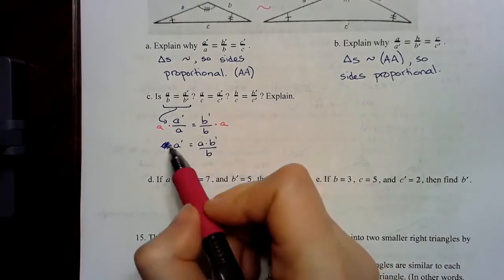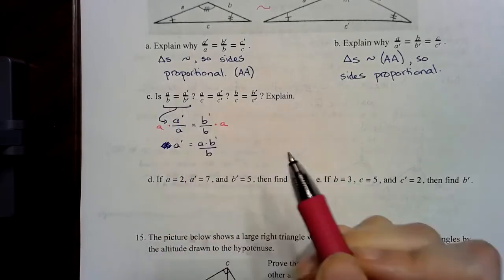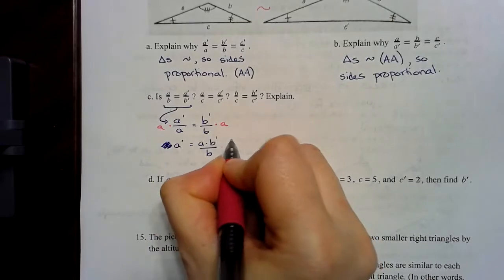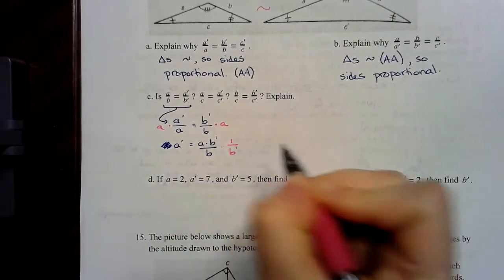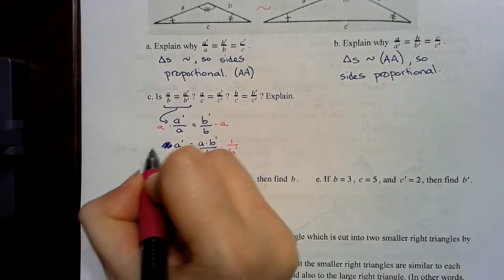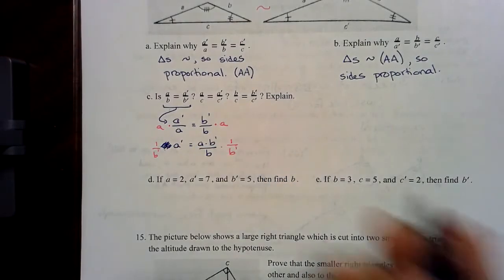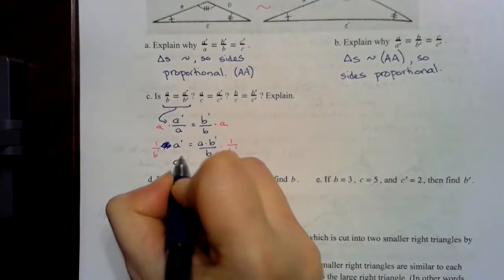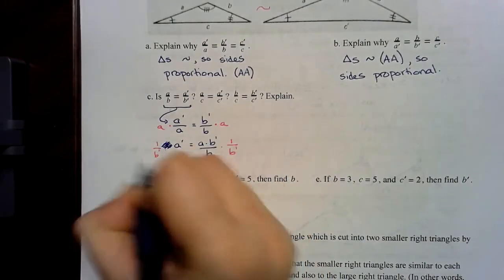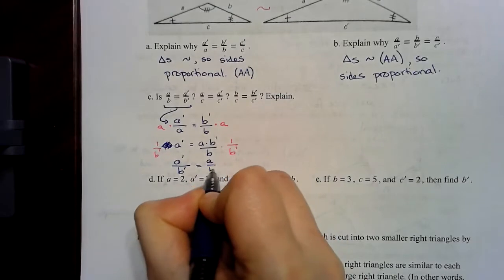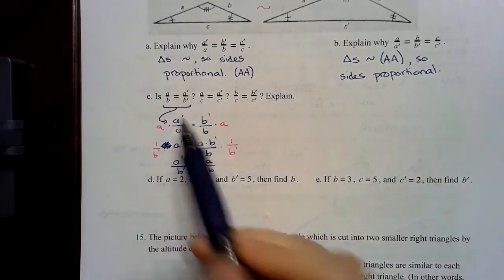Now, I have A prime and A in the numerators, but all the B's are supposed to be in the denominators. So I'm going to multiply by 1 over B prime and 1 over B prime. And I'll learn that A prime over B prime here equals, the B primes cancel, A over B here, which is what we were looking for.